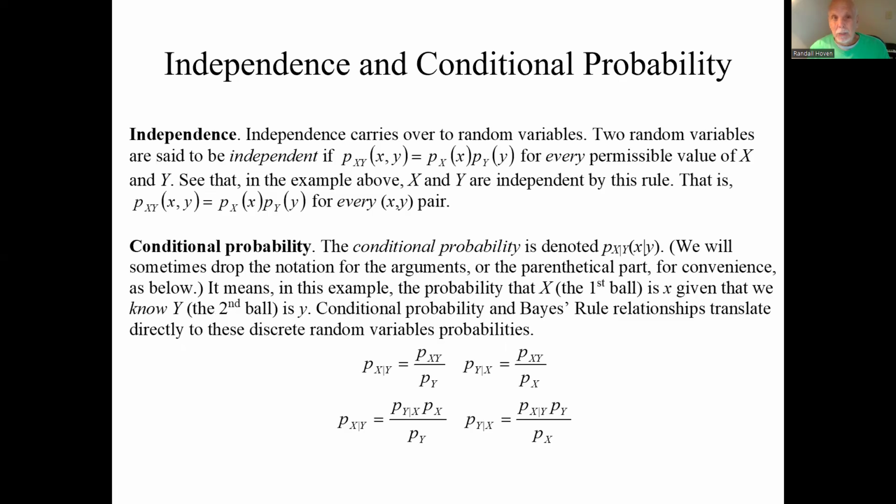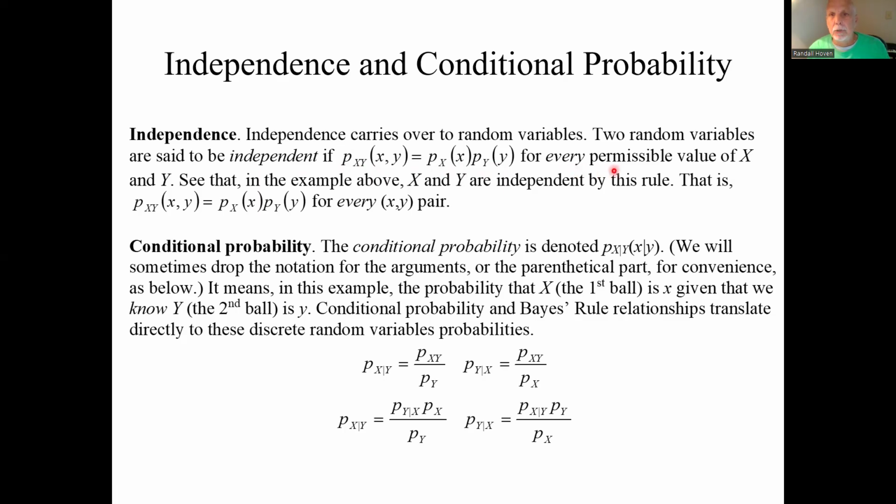Remember, we talked about independence when we were talking in terms of sets and events. When we mapped it all over to random variables, here's what it means. This joint probability is equal to the product of the individual probabilities. If they are independent, this is true. If this is true, they are independent. It's an if and only if thing.